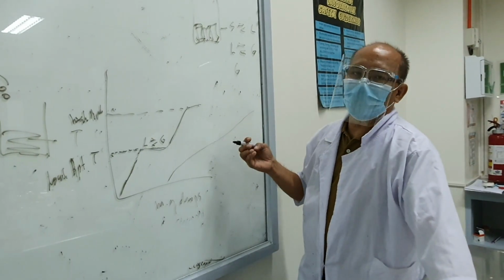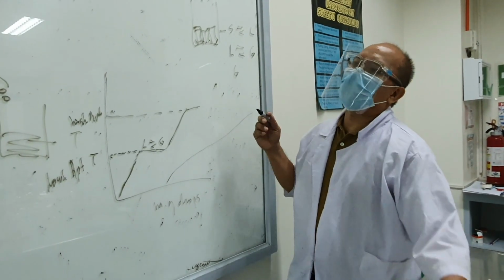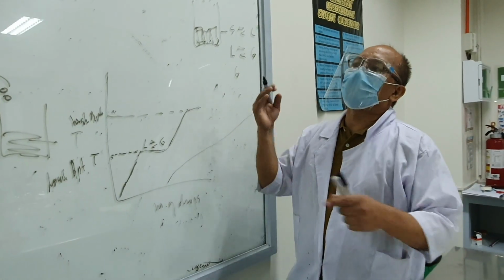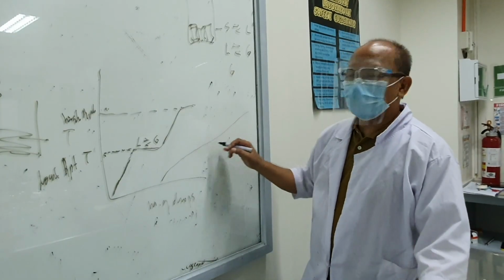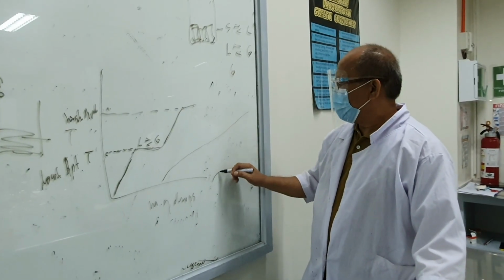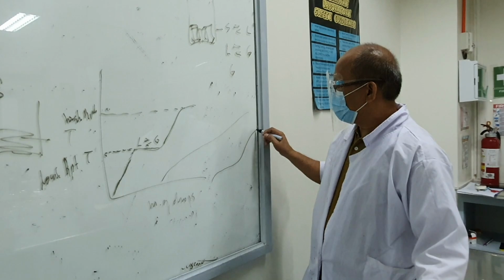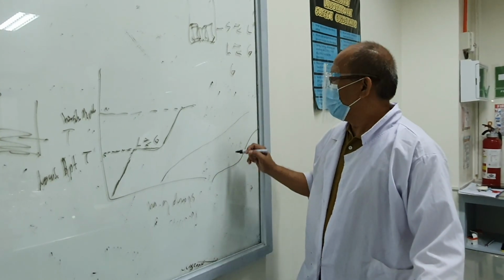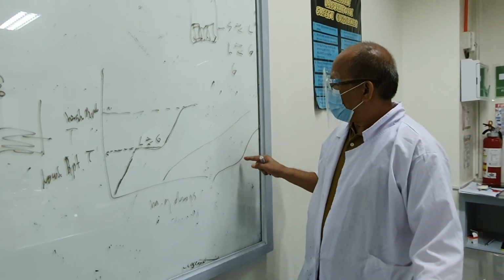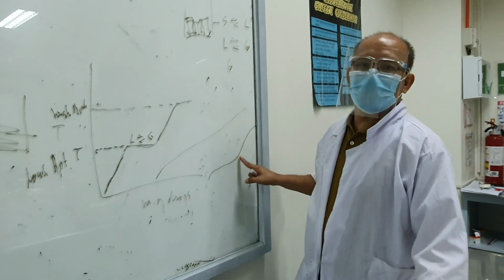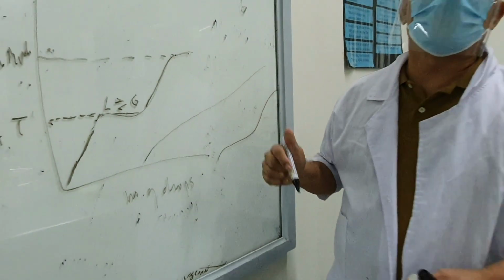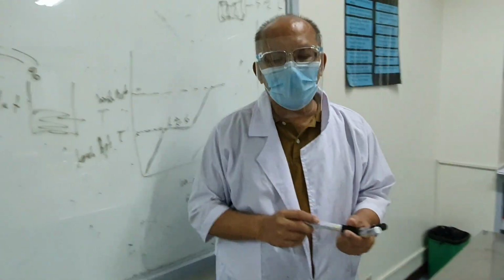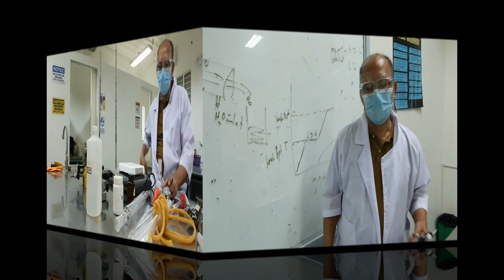But for fractional distillation, which undergoes several simple distillation processes, we expect the profile to change. From here, maybe it should look like that. Although it's not very sharp, the curve will be clearer. Meaning you have good separation of the two components. So we start with simple distillation.